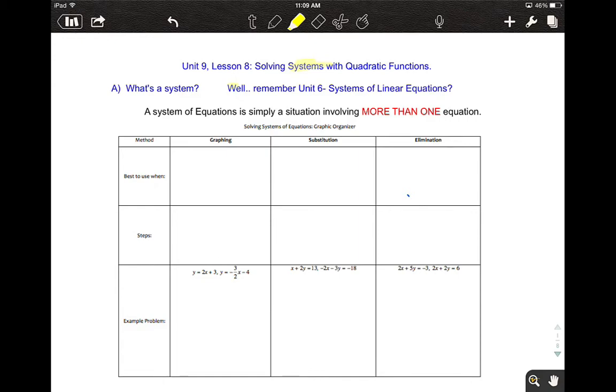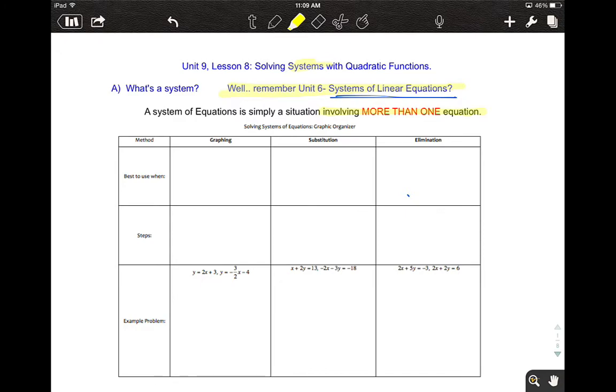Here I've said, why don't we remember Unit 6, which was all about the entire idea of systems of linear equations. A system of linear equations, if you remember, is simply a situation involving more than one equation.